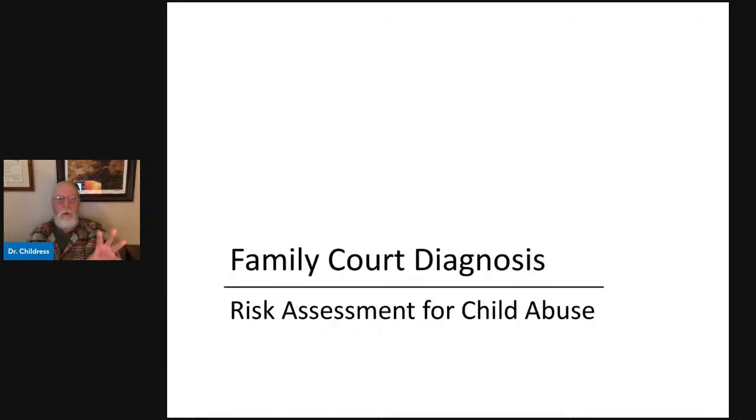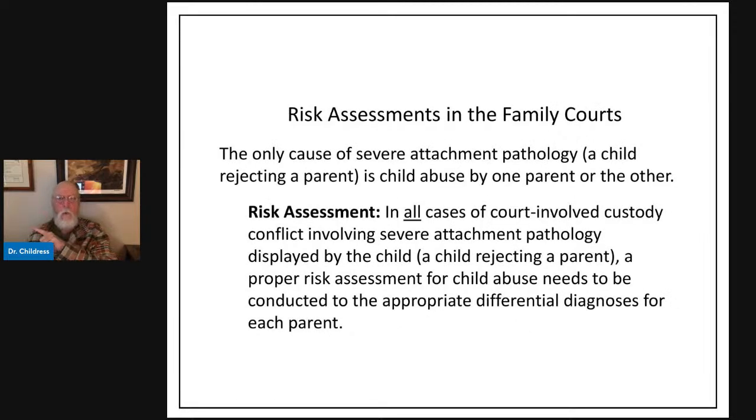So for family court diagnoses, the risk assessment for possible child abuse is that the only cause of severe attachment pathology, a child rejecting a parent, is child abuse by one parent or the other. The attachment system always motivates the child to bond to the parent.